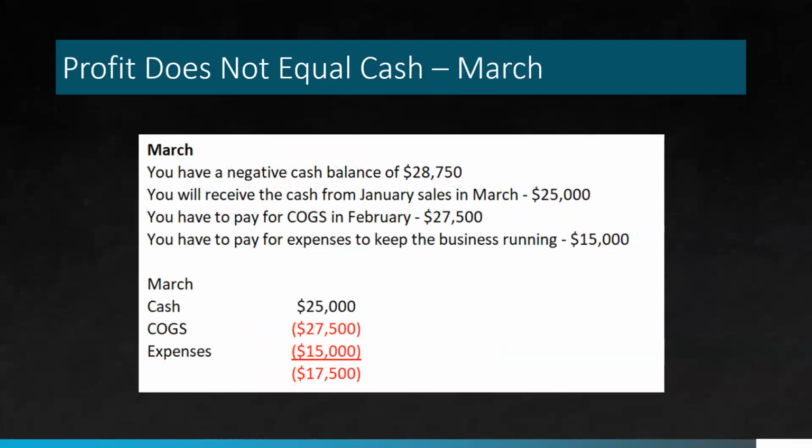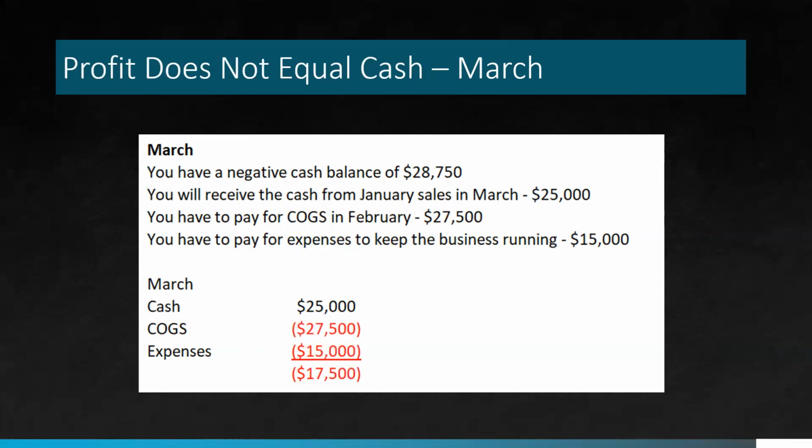And now in March, right, if you look at February, you have a negative cash balance of $28,750. Now you will receive the cash from the January sales in March, $25,000, right? Because we said the customer has to pay for the website in 60 days.